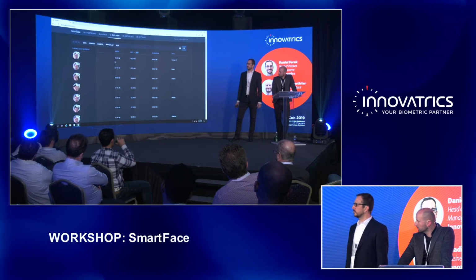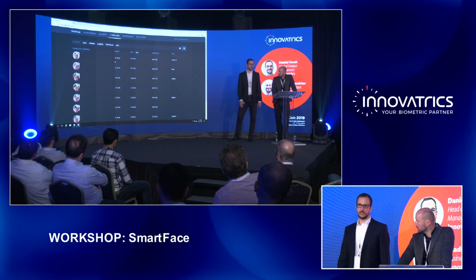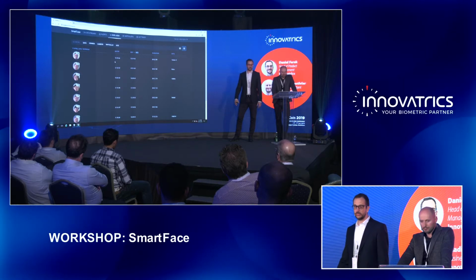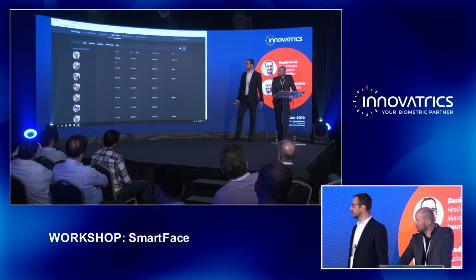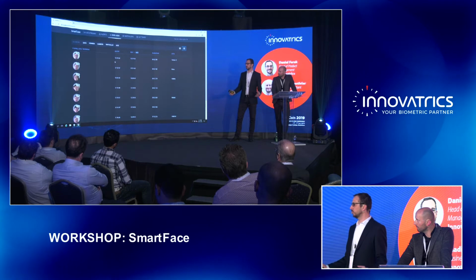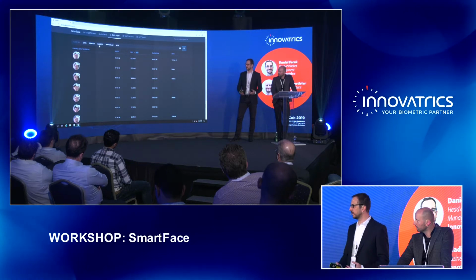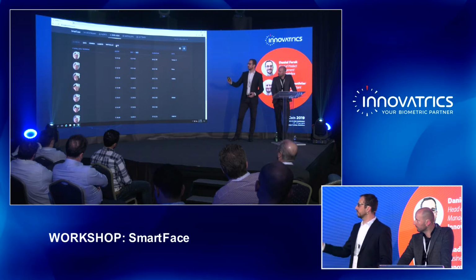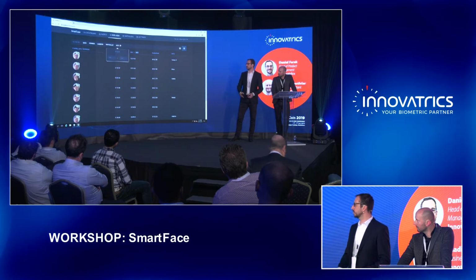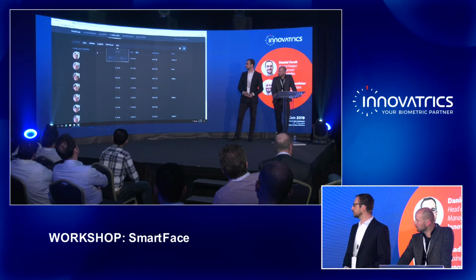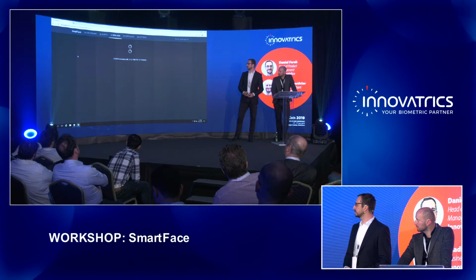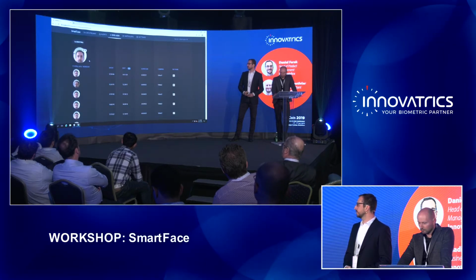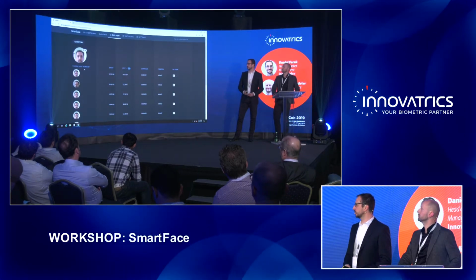This grouping is being done in the background. It's basically a background job. You can configure how often you want SmartFace to group the faces and get the results. And Vlado, if you click on, for example, Tomáš, hopefully we will see some data there. Yes, so this is the result of the grouping, right?